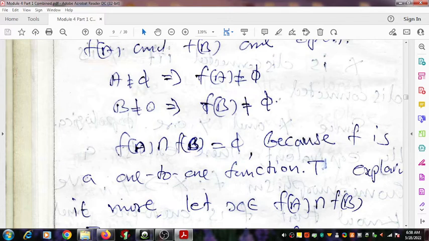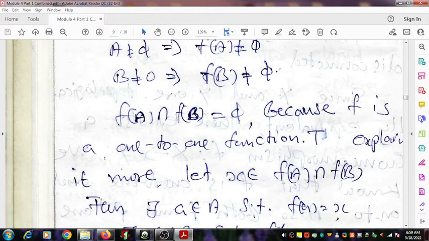The symbol should be corrected to the empty set, it's not 0. So B is a non-empty set. That implies that f of B is also non-empty.